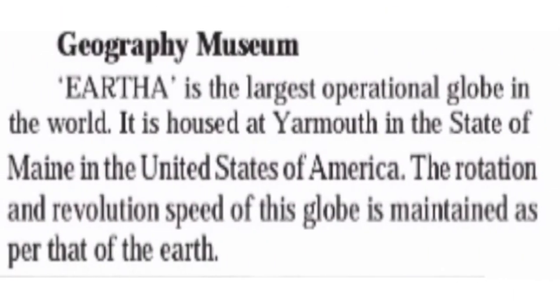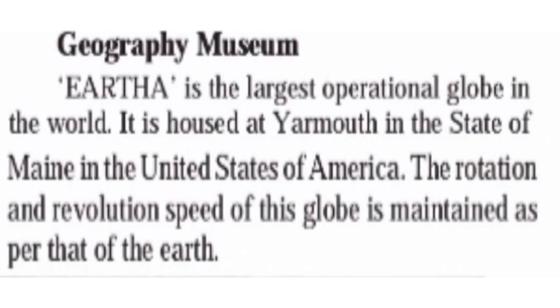Students, there is a geography museum where we can see EARTHA, which is the largest operational globe. Operational means ready to use, or we can say which we can operate. It is the largest globe in the world. It is housed at Yarmouth in the State of Maine in the United States of America.